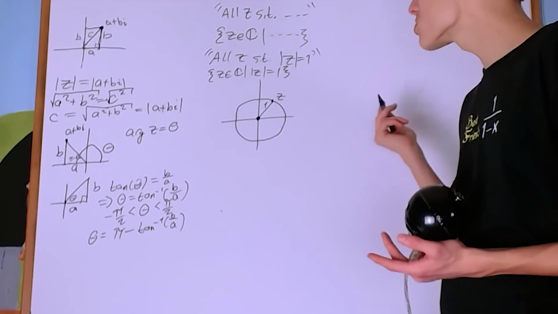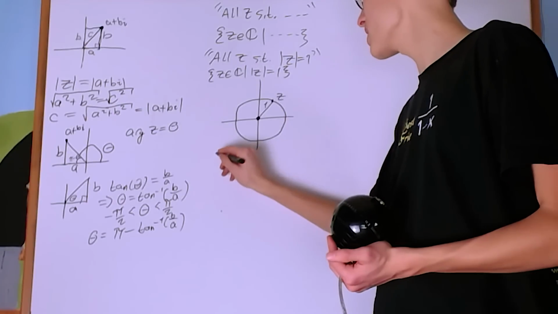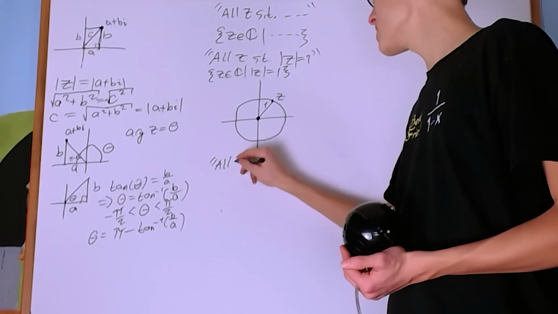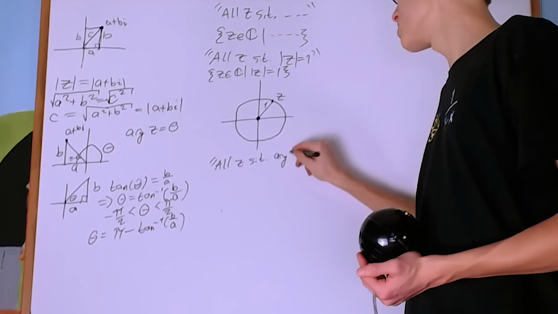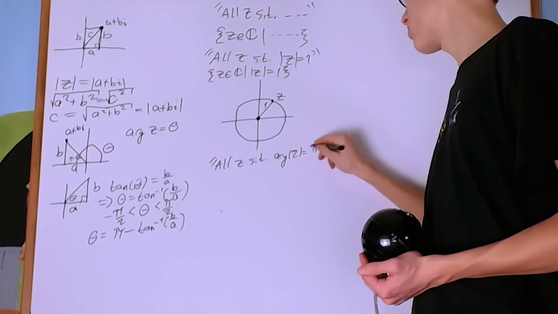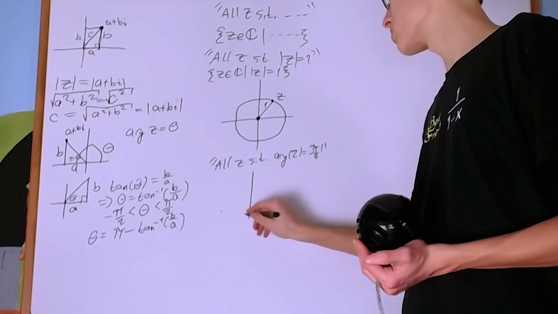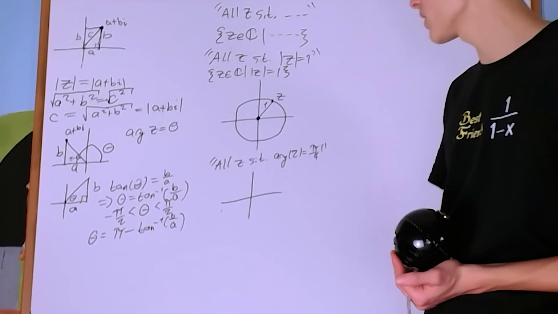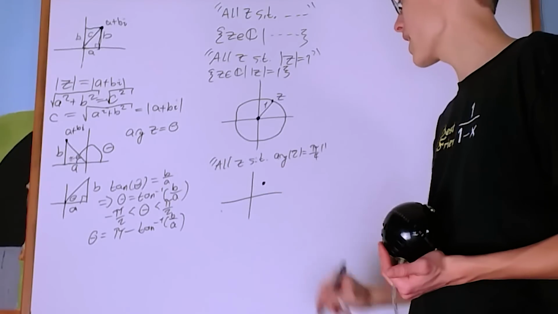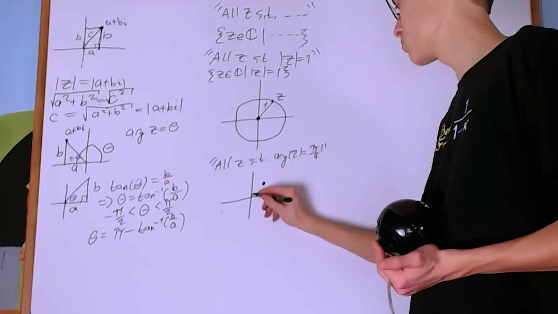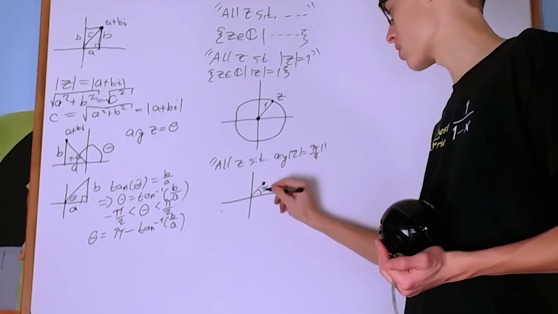Alright, now let's do something similar, but for the argument of z. Let's say all z such that the argument of z is equal to pi over 4. What would this look like? Well, let's go ahead and draw out our complex plane. Let's draw a point at an angle of pi over 4.